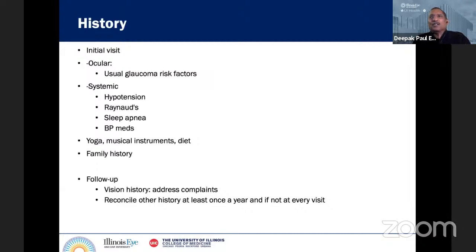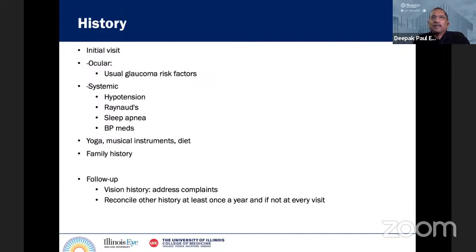Family history: if you look at the studies themselves, the association, other than in siblings, of glaucoma progression is low, but very often in patients with severe glaucoma, you will get an anecdotal history of somebody in the family going blind, and I think you need to take that seriously. On follow-up visits, again, visual history is important.